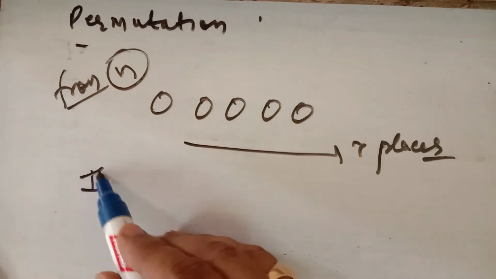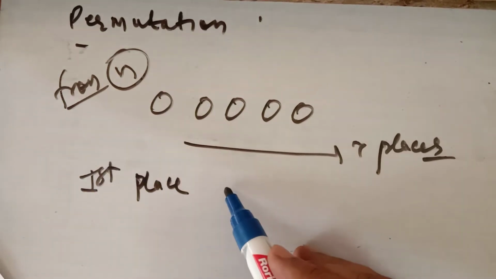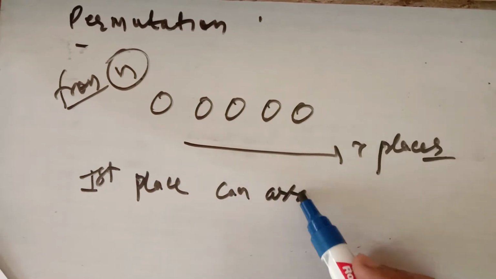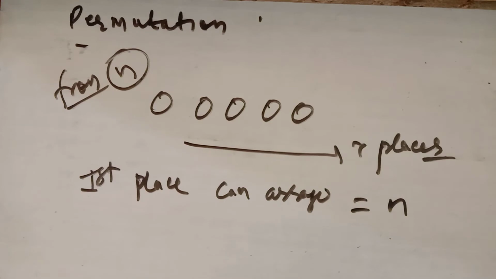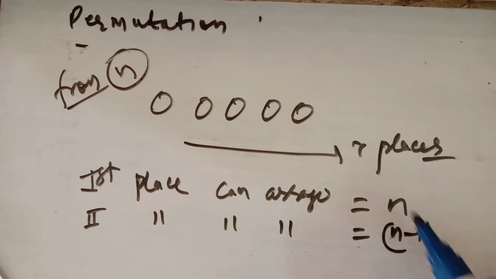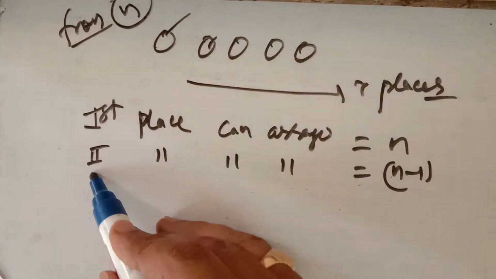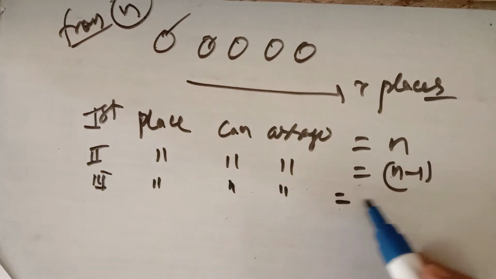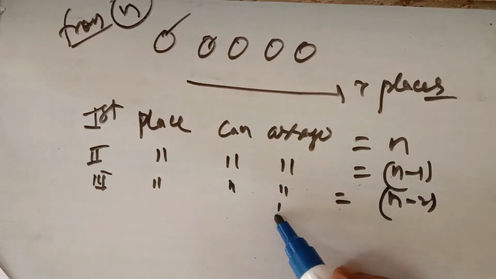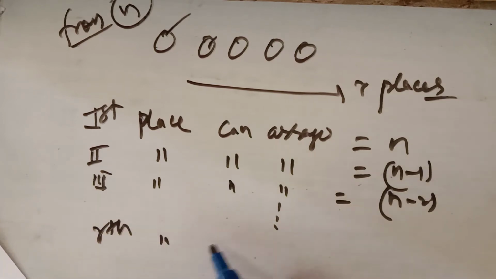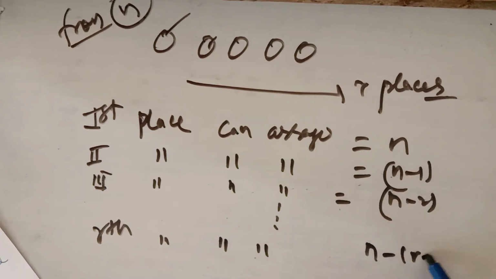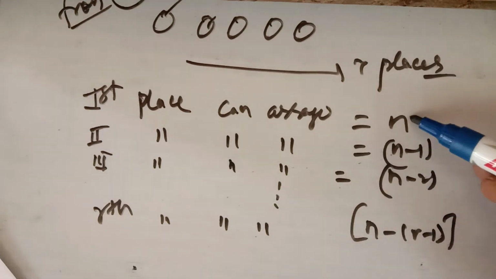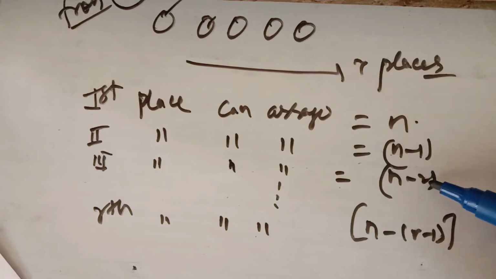As I told you, the first place can be arranged in n ways, there are n options. The second place can be arranged in n minus 1 ways, because one will decrease, without repetition. Similarly, the third place can be arranged in n minus 2 and so on. Then the rth place can be arranged in n minus r minus 1 ways, that is, n minus r plus 1 ways. Because for the first we have n, for the second we have n minus 1, for the third n minus 2, and for the rth place it will be n minus r plus 1.